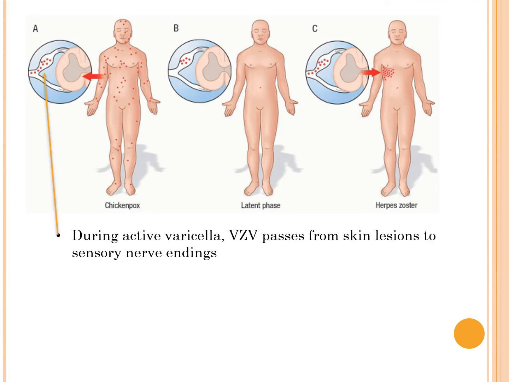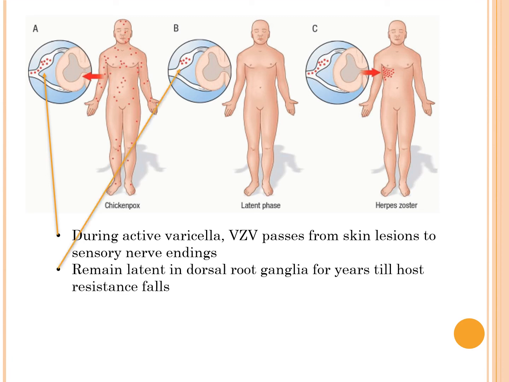Herpes zoster is actually the recurrent form of a VZV infection. And how does it happen? Well, during active varicella, VZV passes from the skin lesions into the sensory nerve endings, particularly in the dorsal root ganglia, where they remain latent for years until the host resistance falls.